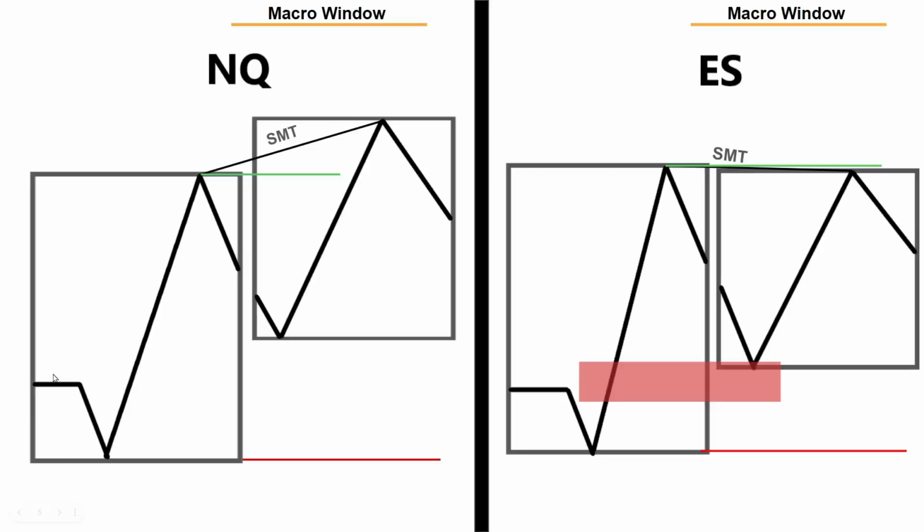Now let's have a look at what a high probability setup contains. As you can see here, NQ has been consolidating, then we manipulate down under all of these orders and all this liquidity that has been formed underneath here. We manipulate down and we distribute back up, market drops down and into a low risk buy in our market maker model.